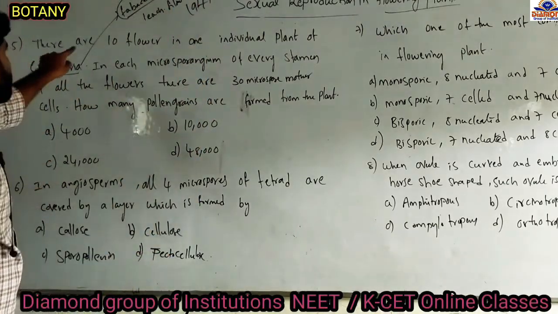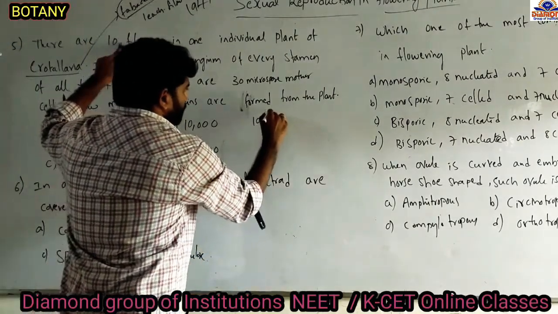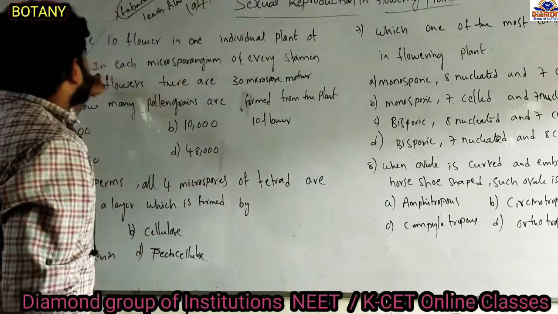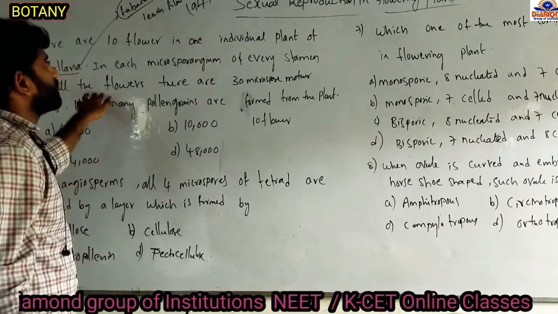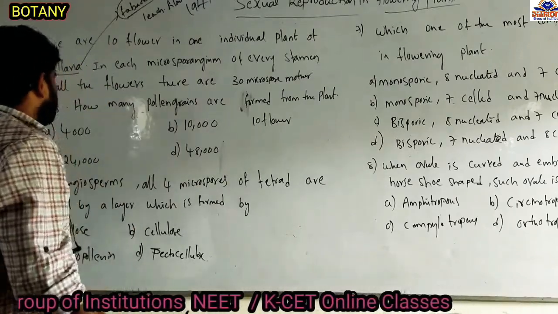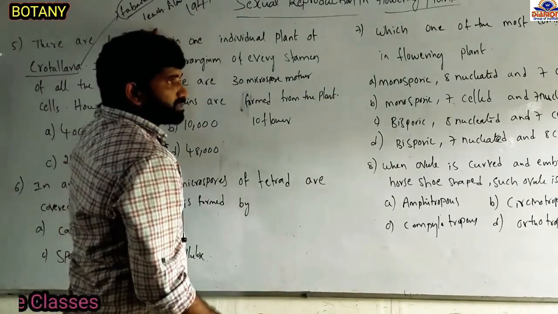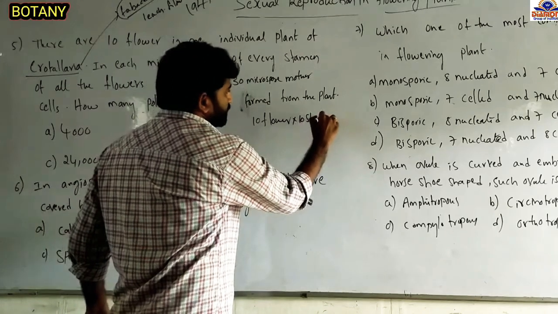So you know there are 10 flowers. The number of flowers is 10, and in each microsporangium of every stamen of all the flowers there are 30 microspore mother cells. And how many pollen grains? Here 10 flowers are present, and each flower contains 10 stamens.